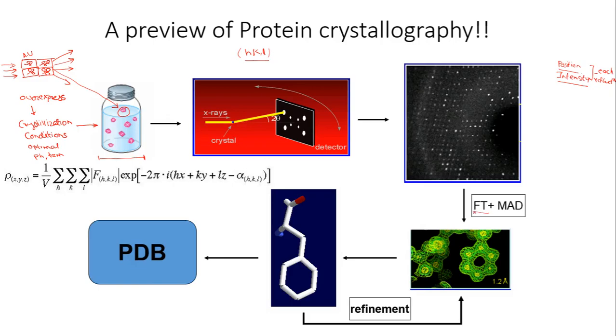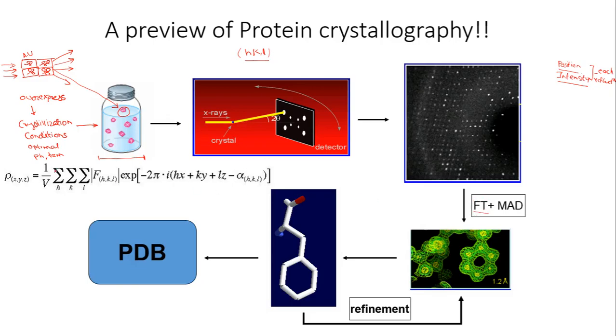That is what the biophysicist would do: give these values of position and intensity to the Fourier transform and generate this electron density map. Now let me explain what exactly this Fourier transform is.